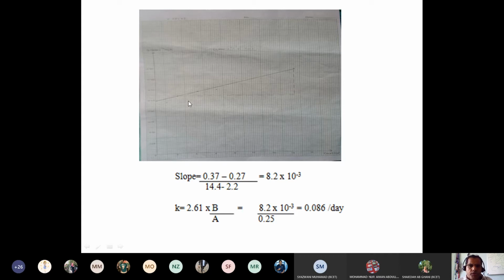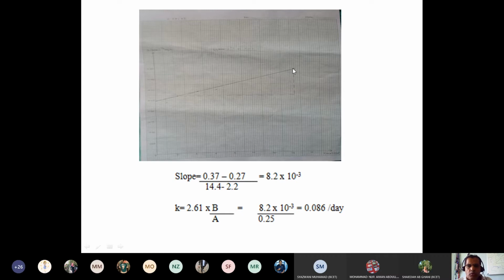So here you make the slope of this line. For me, I take these 2 points and I make the slope. Slope will be delta y divided by delta x. All of you know, of course, right? This is y1, this is y2, so this will be x1, and this will be x2. Don't confuse.